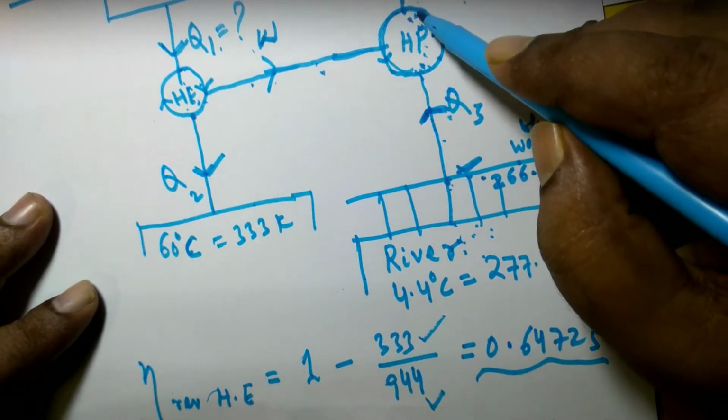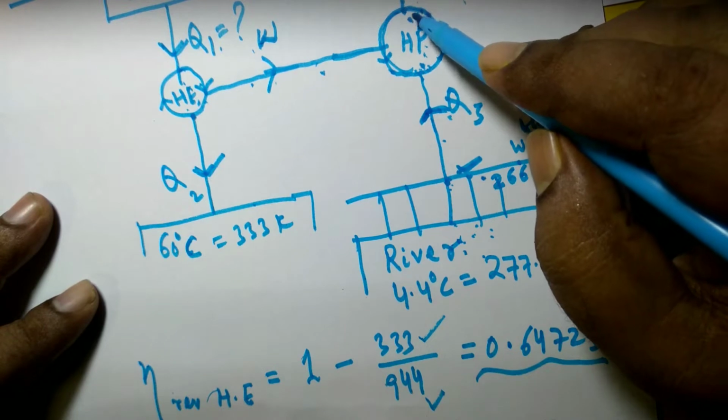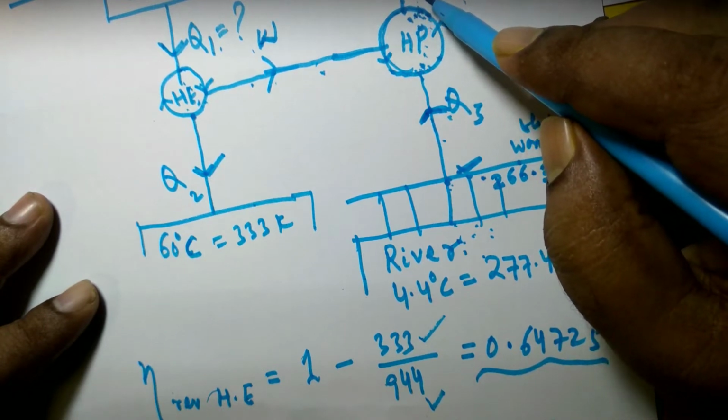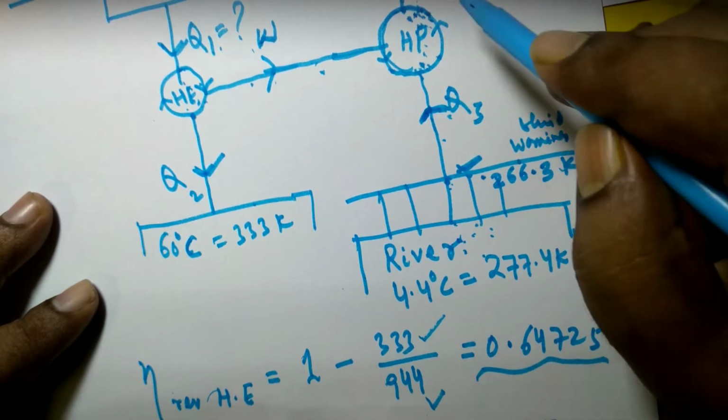So now coming to the heat pump, the ideal COP of this heat pump. That means, had this operated as a Carnot heat pump, with no temperature difference between the working fluid and the reservoir at either end, that is, the temperature of the working fluid is the same as the temperature of the reservoir, what would have been the COP?